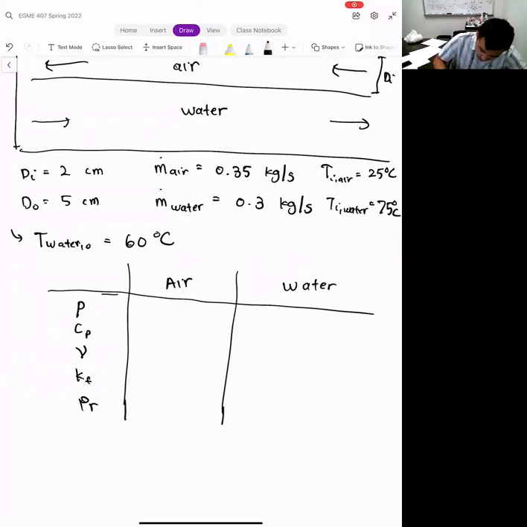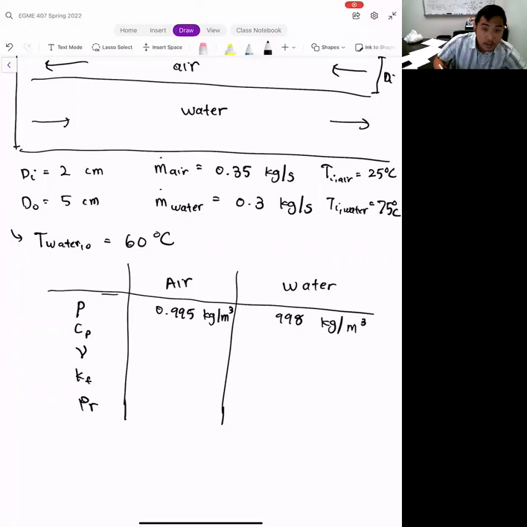So the density for air is 0.995 kilograms per meter cubed. The density of water we'll assume is 998 kilograms per meter cubed.